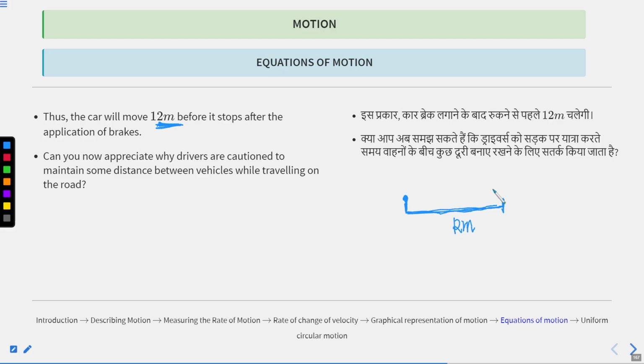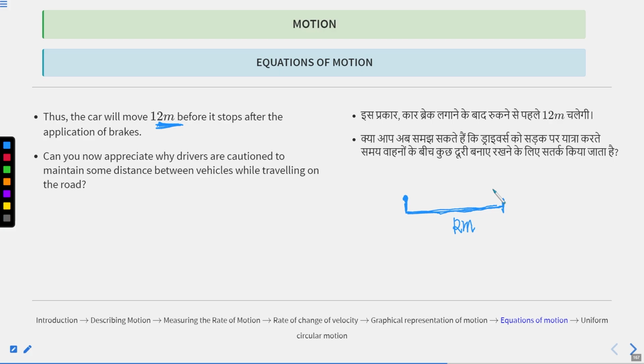Is it clear, class? So in today's class, we have completed our motion in a straight line part, in which we first studied what is distance, then displacement, speed, velocity, acceleration, and there are two types of acceleration: uniform acceleration and non-uniform acceleration.